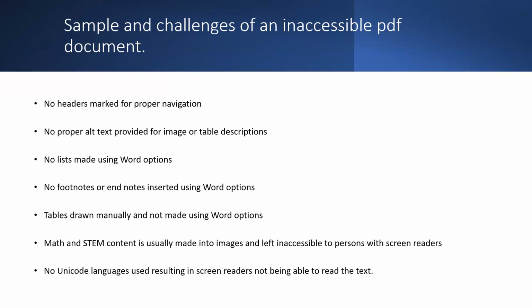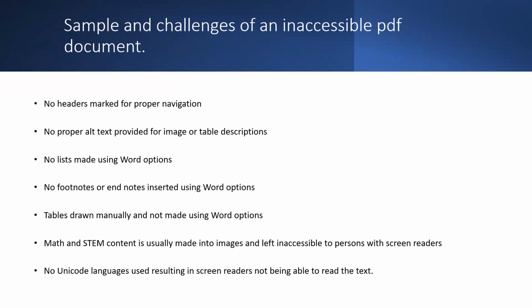Then coming to the next thing is the table. What we usually do with tables in Word is that you manually draw the tables. There is an option for drawing tables around text. Now that is again a flawed process.